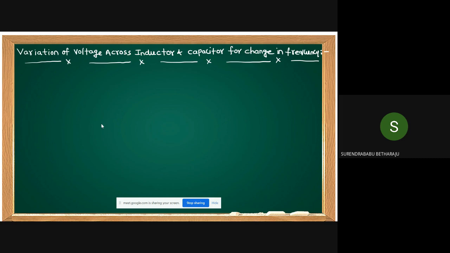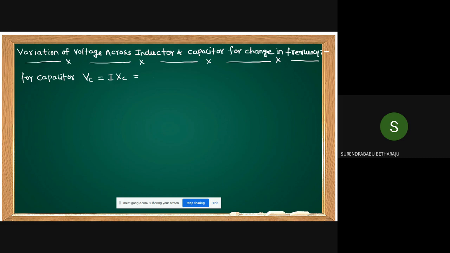Yes, friends. First you tell me, what is the voltage across the capacitor? First I am explaining for the capacitor. Very important formulas we can get here. Vc equals I into Xc.